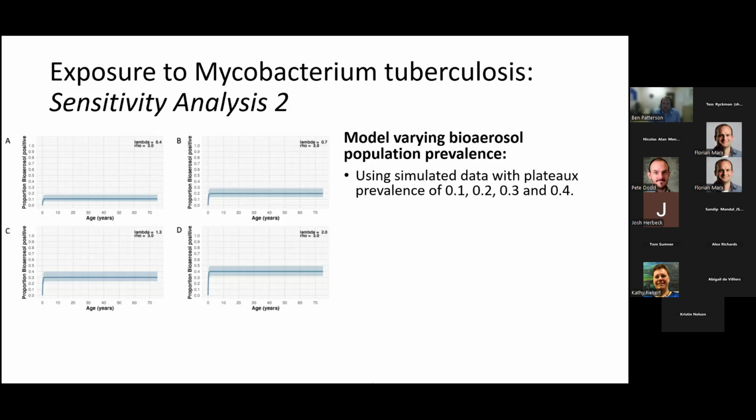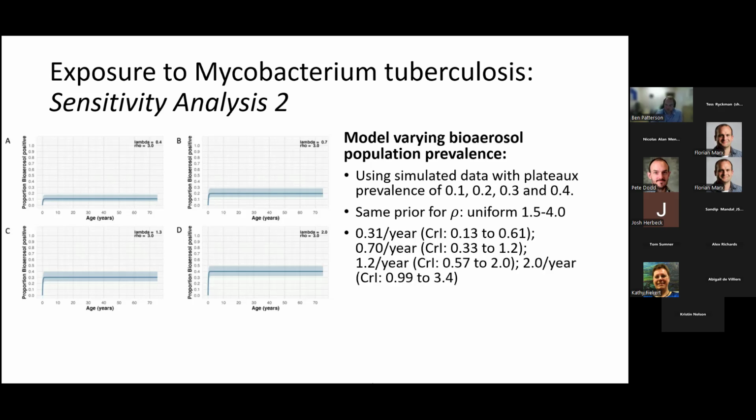So using simulated data where you plateau your prevalence at different points, less than the 0.65 or 0.62, I think it was, that we found in the actual data, if you imagine a much lower prevalence of 0.1, 0.2, 0.3, or 0.4, and then using the same prior, the idea that the rate of reversion is biological, not necessarily related to environment, you then have a range of different rates of exposure, varying from 0.3 to 2.0.